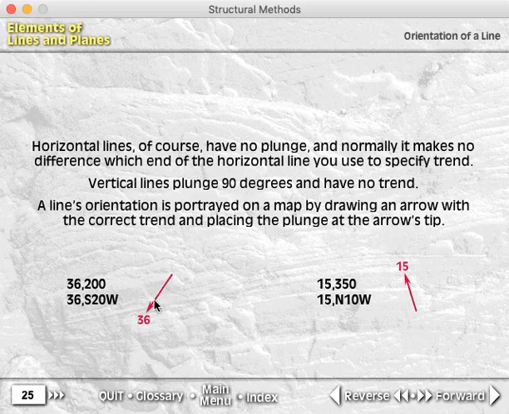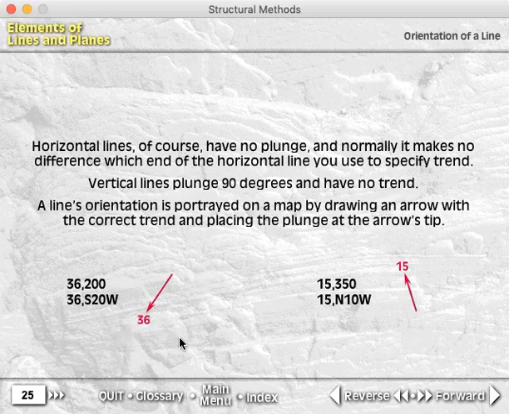This is the symbol for a linear or line feature. When we're talking about a linear or a line feature, we use this arrow pointing in the direction of the trend. So if I were to put a compass around this, 0 being straight up, 180 being down here, this is 200 degrees, and we put the angle of plunge at the end, 36.